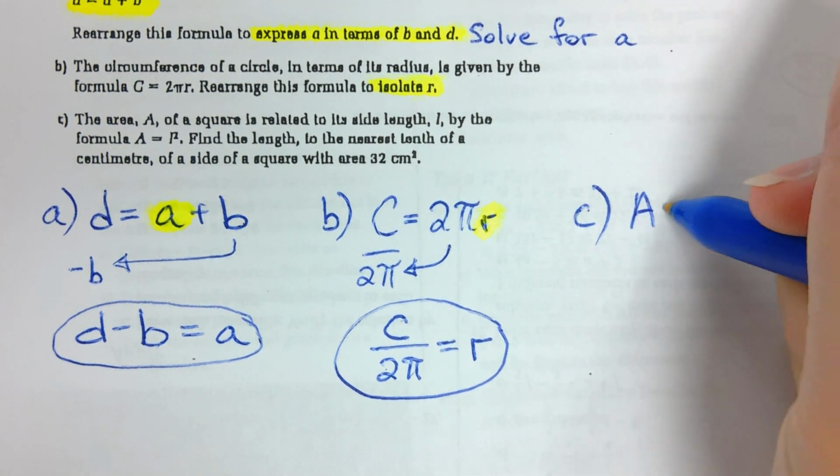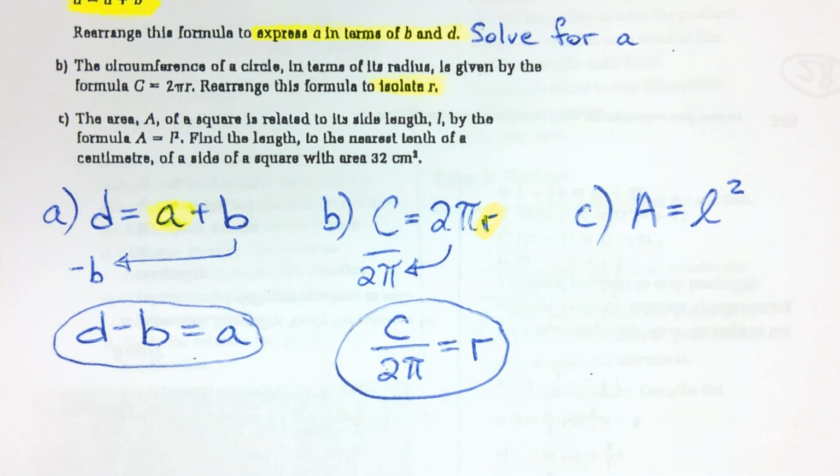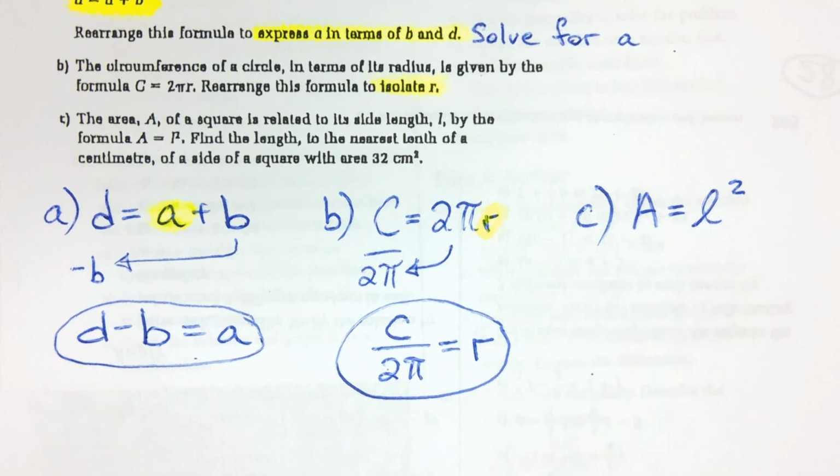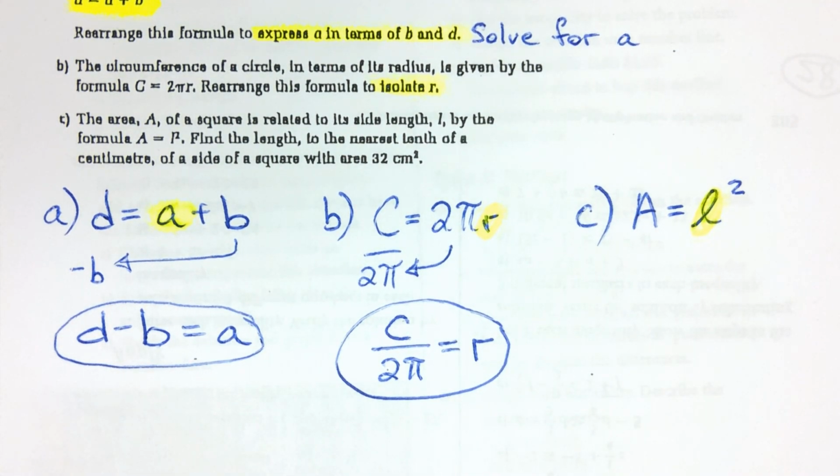A equals L squared. What formula is this? Yeah, the area of a square. So we're used to seeing A equals this, A equals that, A equals length times width, A equals base times height divided by 2. But now again, we want to solve for a different variable. We want L by itself.